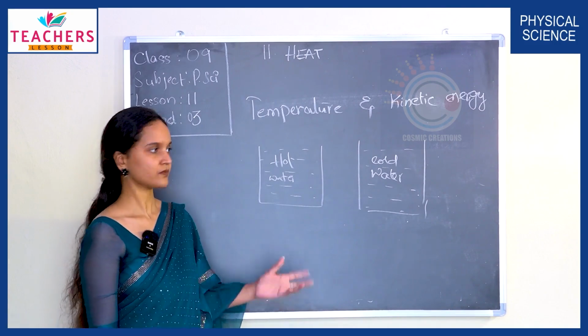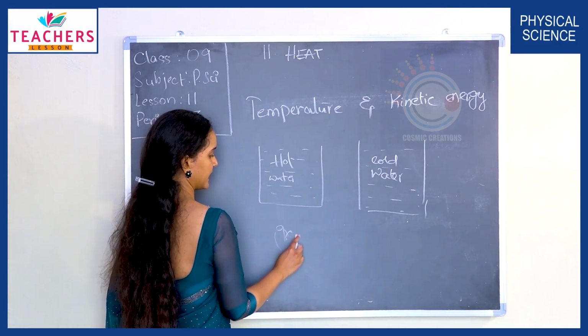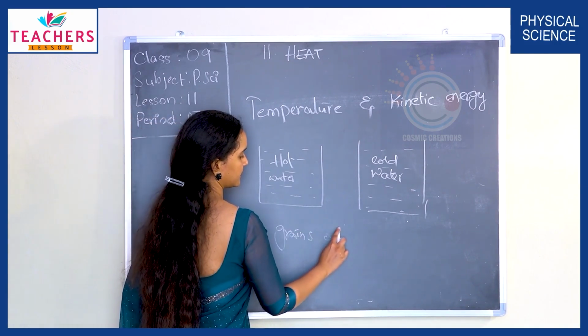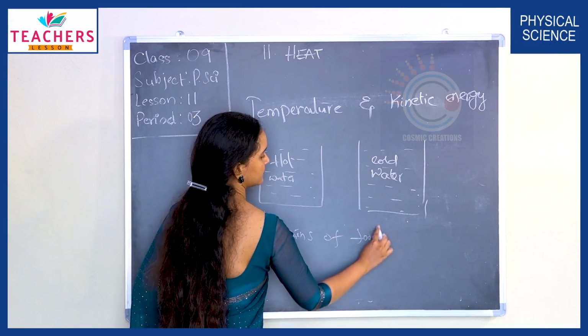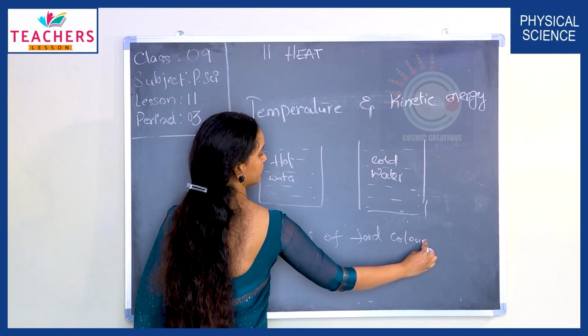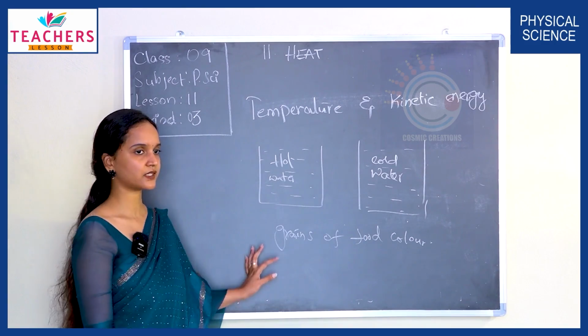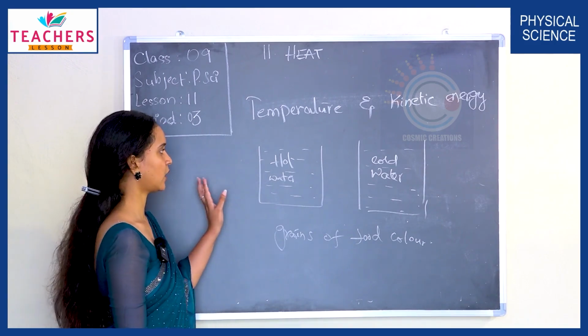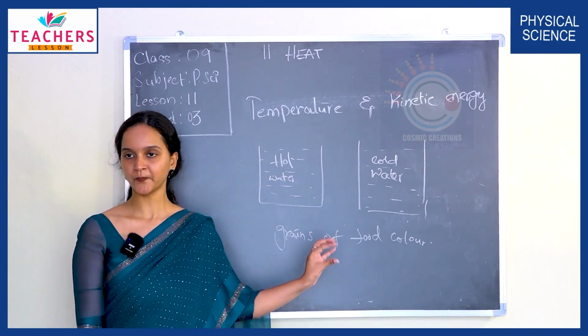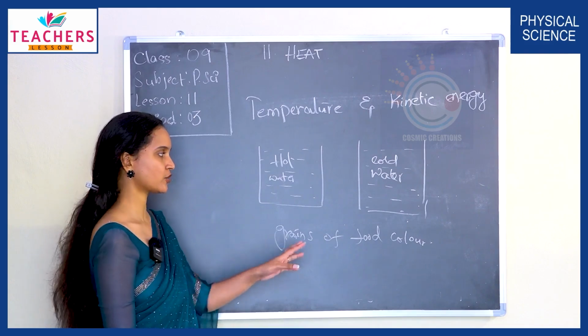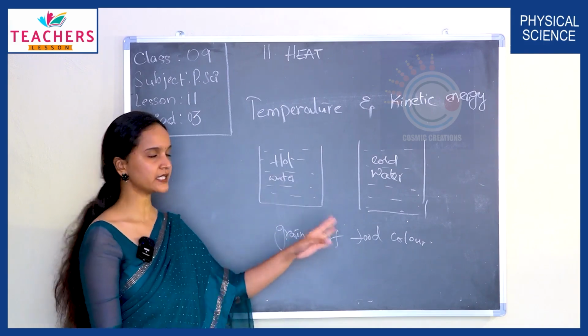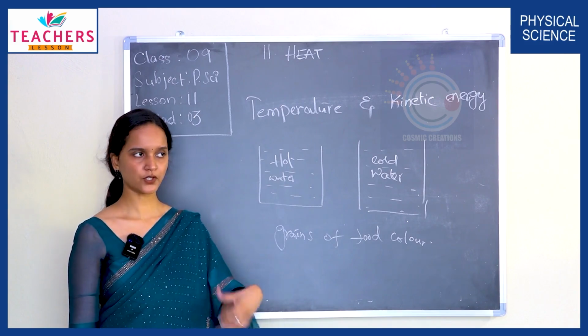Alright, now we will add grains of food color. So this is where this gets interesting. We'll take a hot water beaker and cold water beaker and we will add grains of food color into both of these beakers. What do you observe?